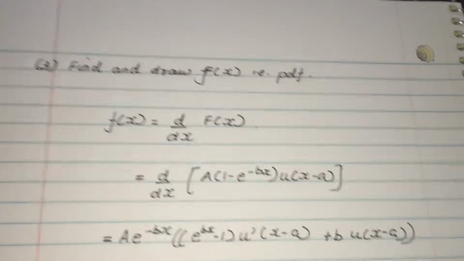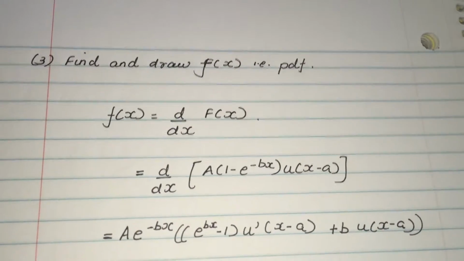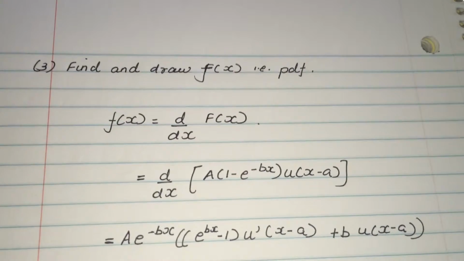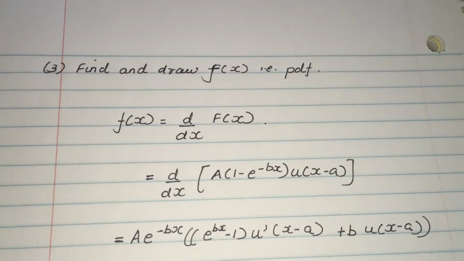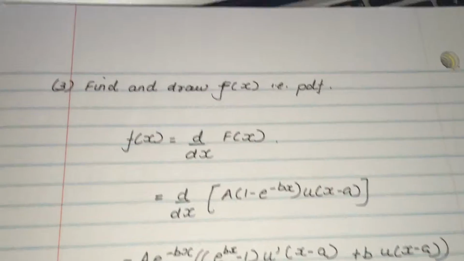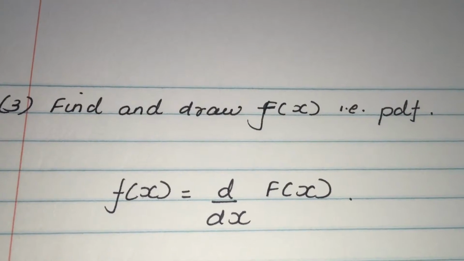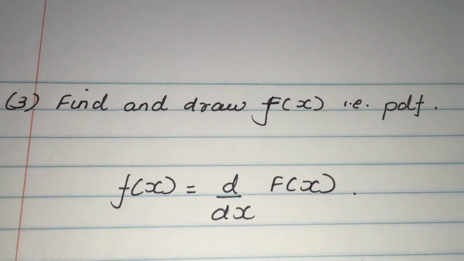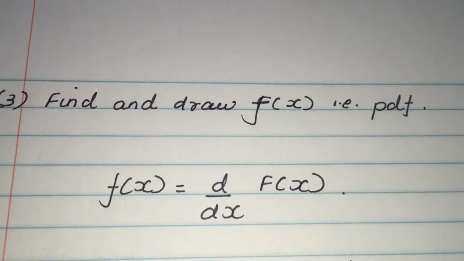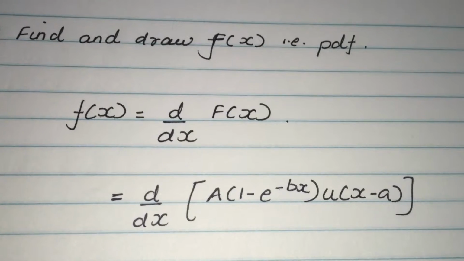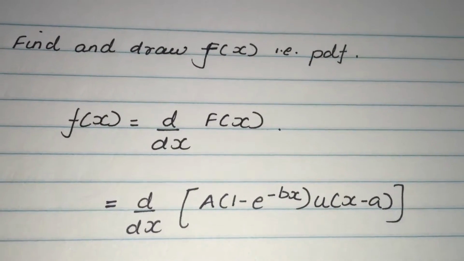Moving to the third part of the problem, find and draw f of x. This time our f of x is another PDF, which is basically the density function. To find the density function from the distribution function, we have to take the derivative of the distribution function, on taking the derivative of a(1 minus e raised to minus bx) u of x minus a.